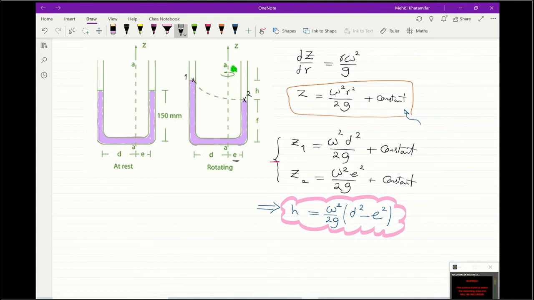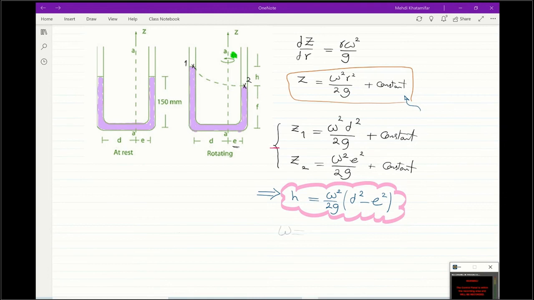I have h, so omega is going to be the square root of 2gh divided by D squared minus E squared.